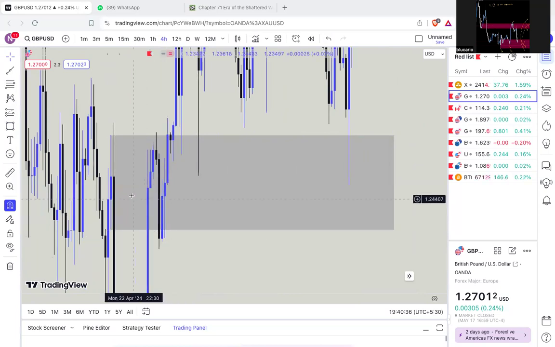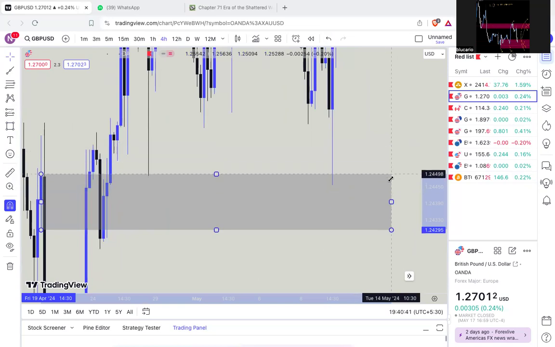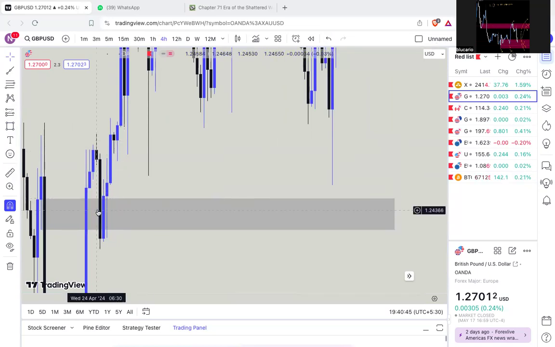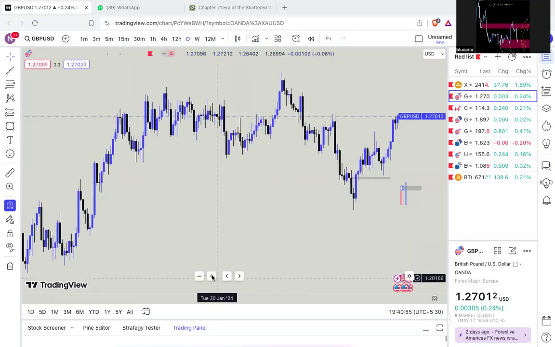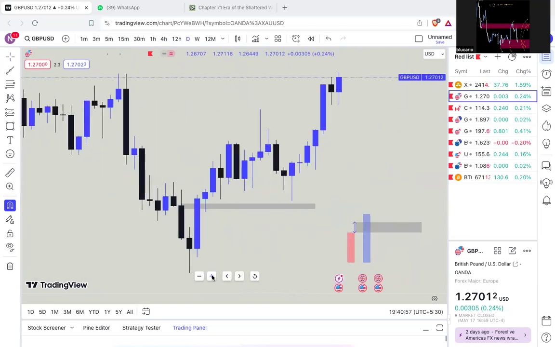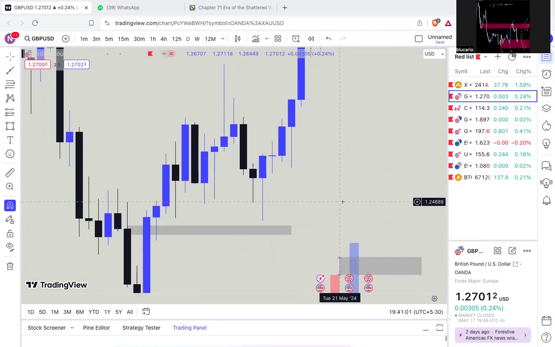Now we have a different example here. You can see that this zone failed here. Now let's check the same on a higher time frame. Now see this.